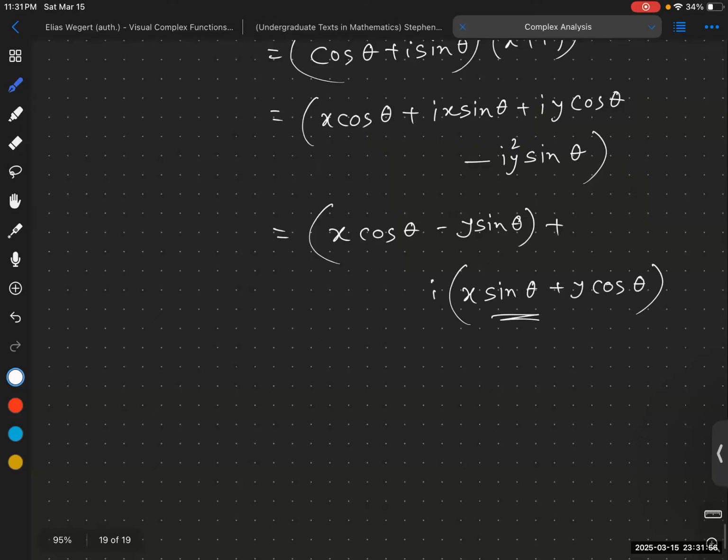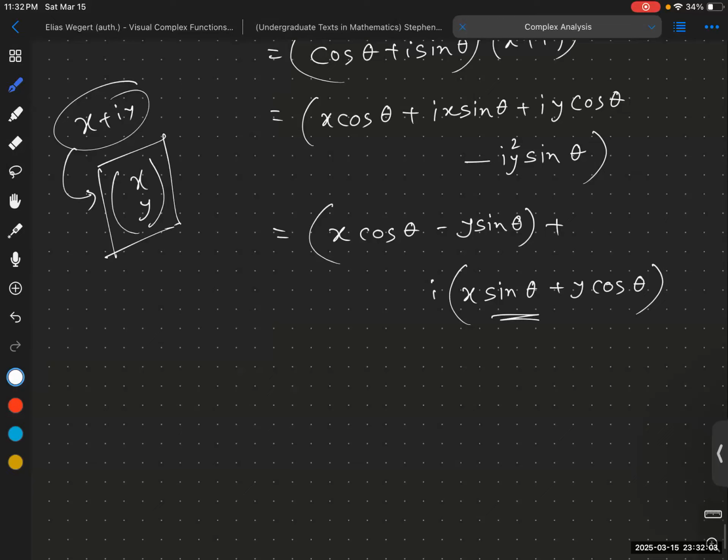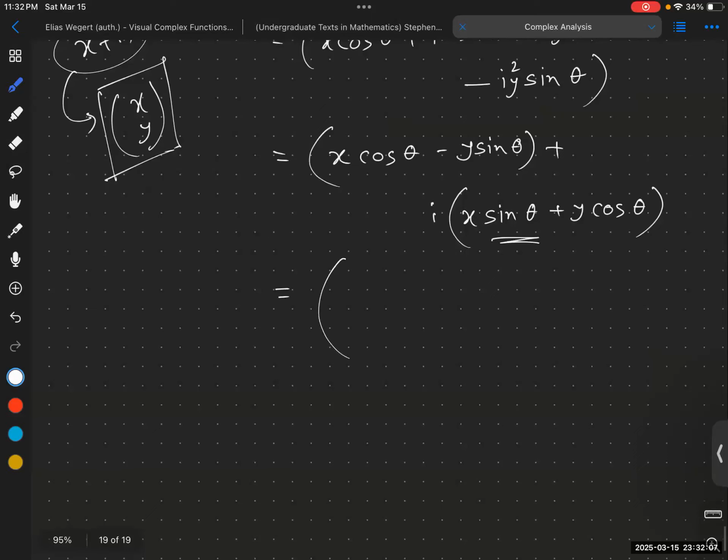So as you can see, these two things are more or less the same, because we can represent the complex number x plus iy as a single quantity in the 2D coordinate system as this. So this will be something like x cos theta minus y sine theta comma x sine theta plus y cos theta. Okay.